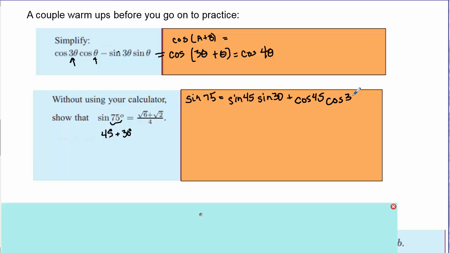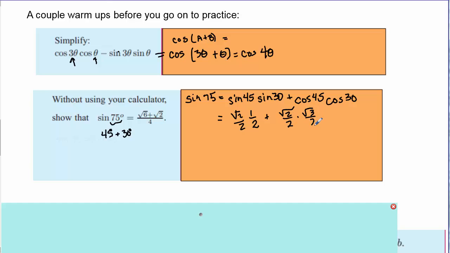And we're not using a calculator here because we don't need one. So what is that? Well, sine of 45, we know that's root 2 over 2. Sine of 30, think about it, that's 1/2. Cosine of 45 is also root 2 over 2. And the cosine of 30 is root 3 over 2.